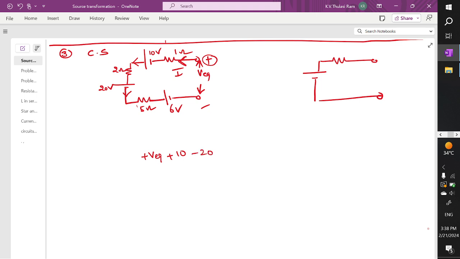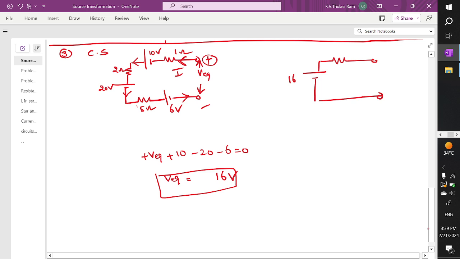Current is entering the 5 ohm and leaving here. What is the amount of voltage? Minus 6 volts is equal to 0. So from here V equivalent we get as 16 volts.